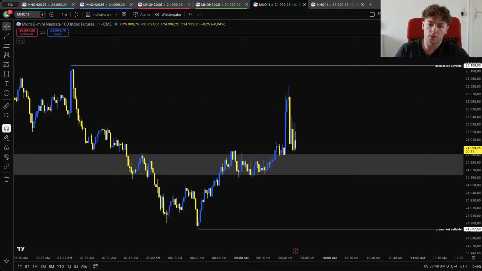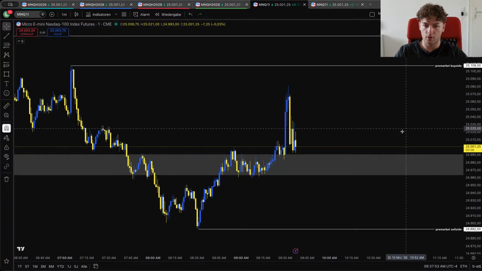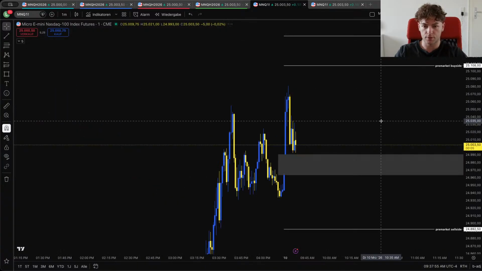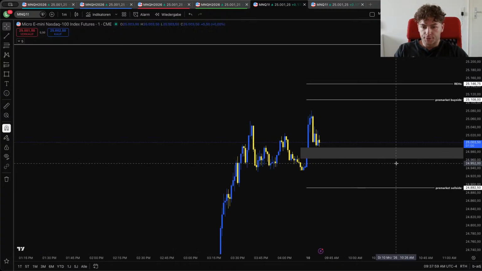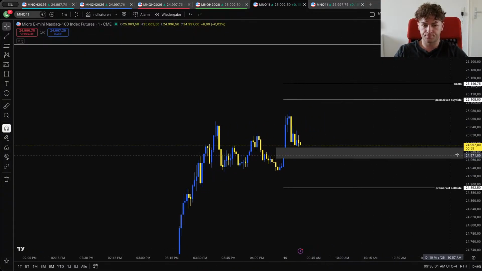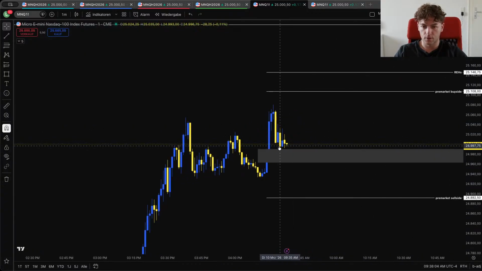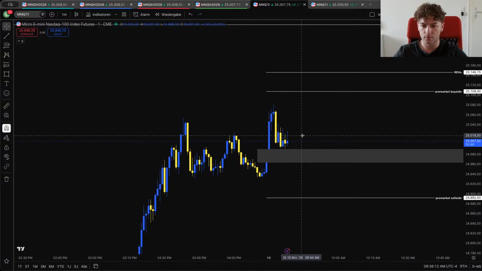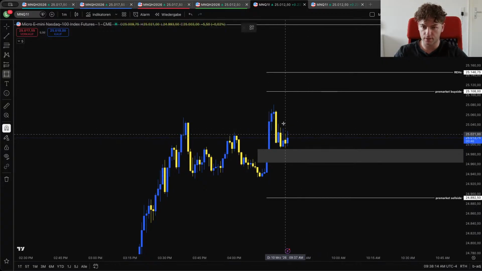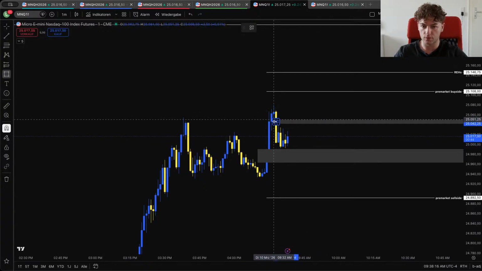So yeah, let's see. Maybe hop on the regular trading hours chart again. So the first presented fair value gap actually hasn't formed yet. This is too small of a fair value gap.